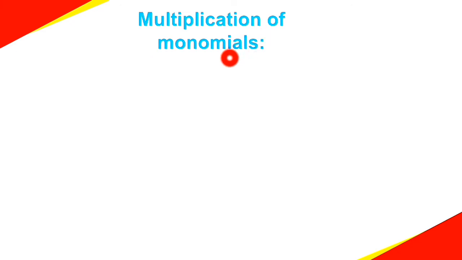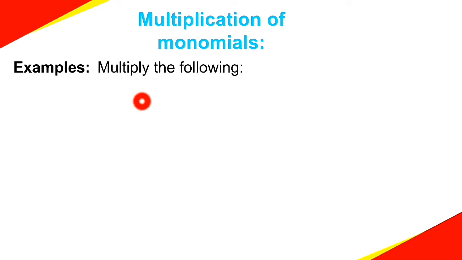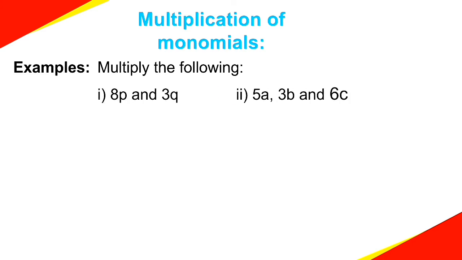Multiplication of monomials. We are going to see some examples here. Multiply the following. First one is 8p and 3q. Second one 5a, 3b and 6c. Now we are going to solve the first one, that is 8p into 3q.